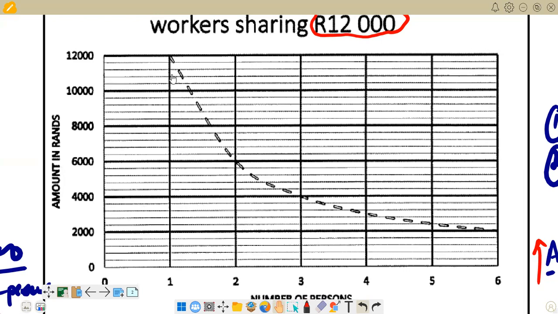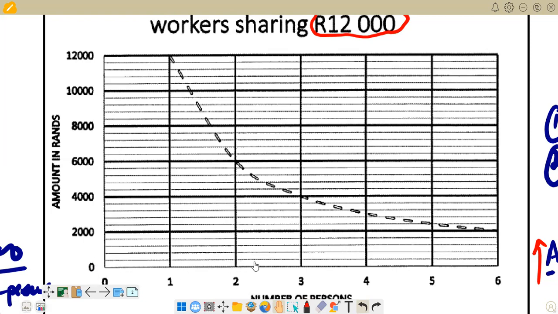So we are seeing that it's coming in the form of a curve because we have amount in rands here as a representation of the amount that is going to be shared. The reason why it's a curve is because this curve is not supposed to reach 0. Remember, 0 is the 0 amount.